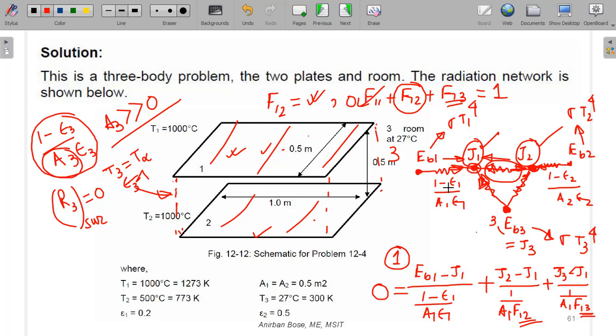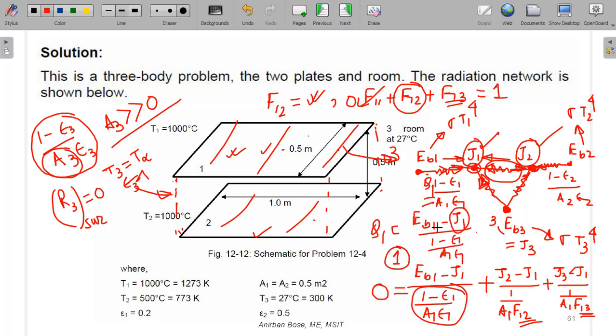then to find the heat transferred from 1 to 2 and from 1 to 3, that means the atmosphere, or from the plates, you just apply this. This is the heat transfer from plate 1, Q1. Q1 is equal to EB1 minus J1 divided by this resistance, (1 minus epsilon 1) by A1 epsilon 1.